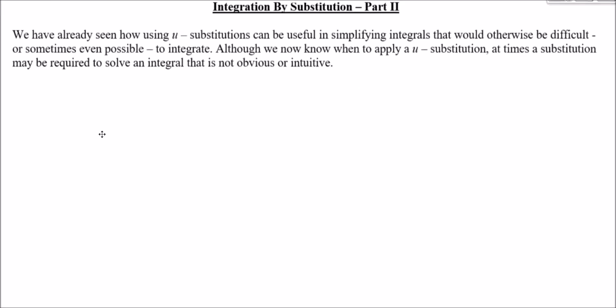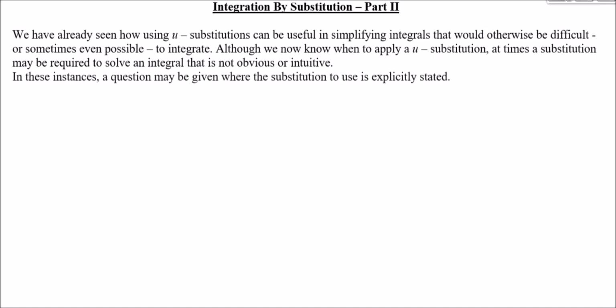So we've already seen how using U subs can be useful in simplifying integrals that would otherwise be difficult or even impossible to integrate. So although we now know when to apply a U substitution, at times a substitution might be required to solve an integral that is not obvious or intuitive.